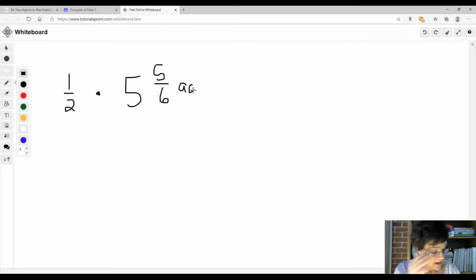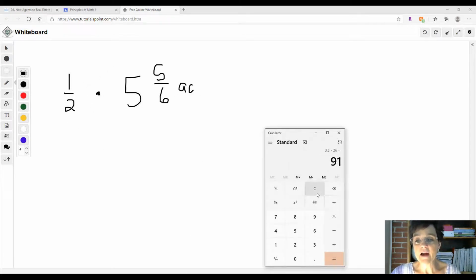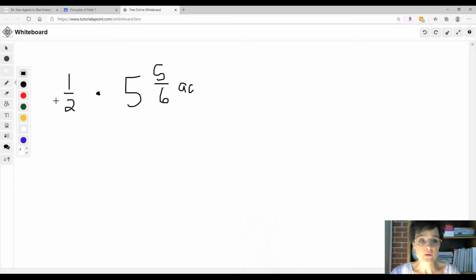So that would be a multiplication problem. Now you might say, well, I can't do that on a calculator, but we could figure it out on a calculator. Half is 0.5. We know that's 0.5. Okay, so let's go ahead and just do it this way rather than convert the fractions to decimals. We could do that, but we'll just do it this way.